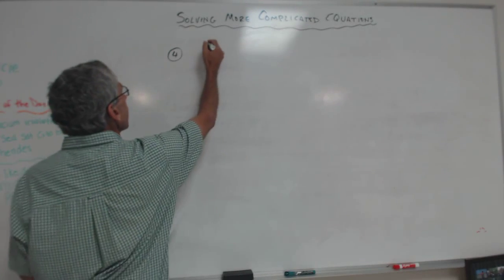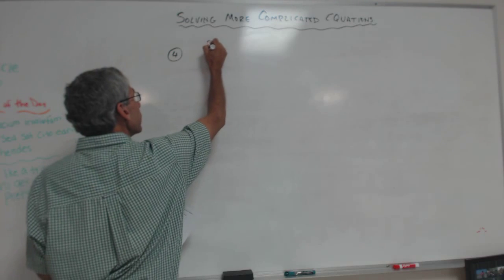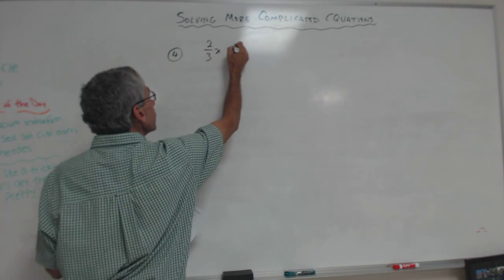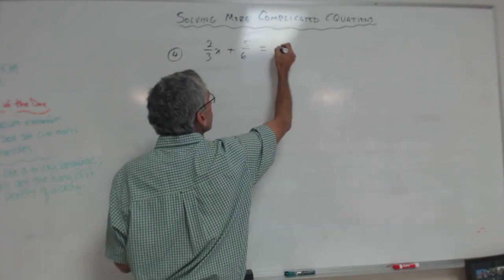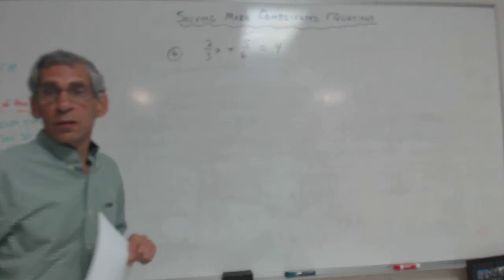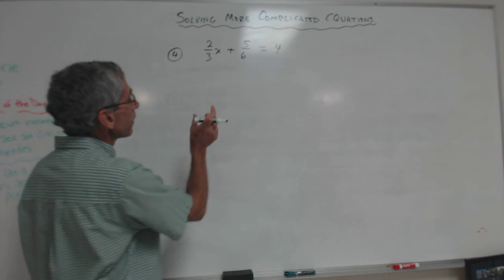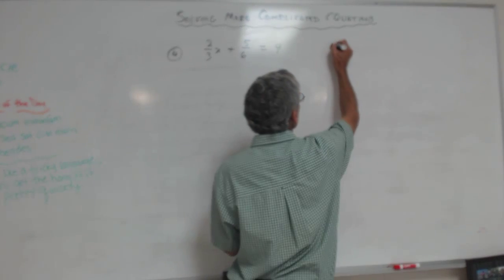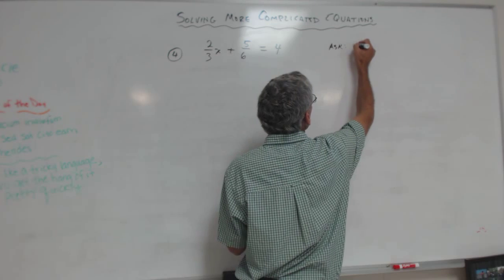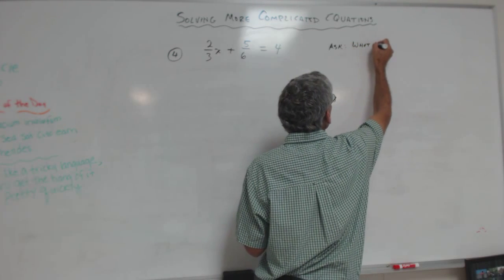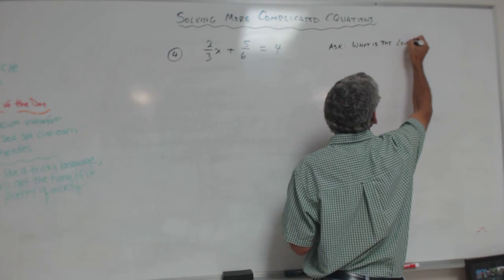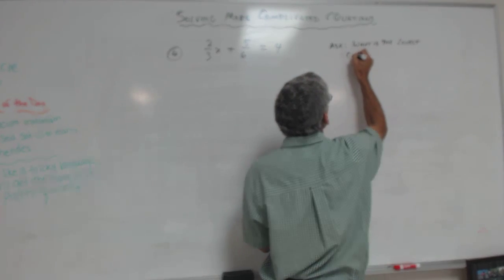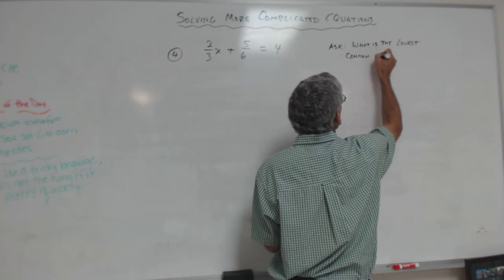If I had 2/3 x plus 5/6 equals 4, I ask myself, what is the lowest common denominator?